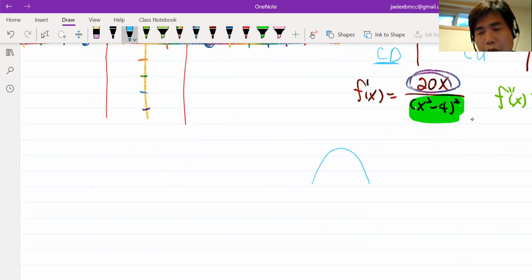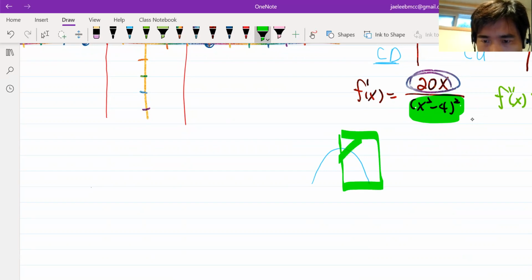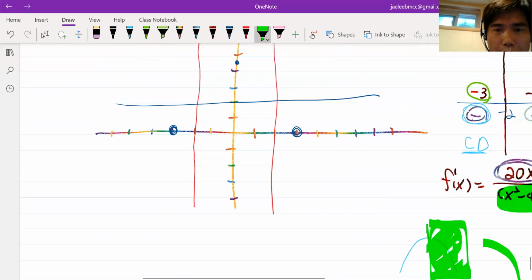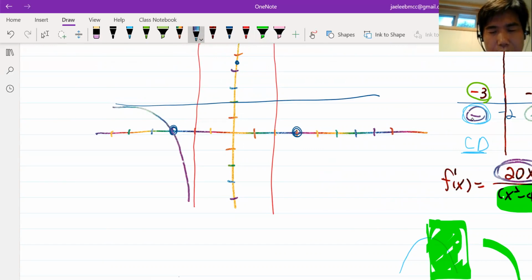Okay. Which one is decreasing concave down? Which is this shape, right? There should be this direction. Okay, therefore, if I follow that, this graph shape becomes like this. Okay, make sense?